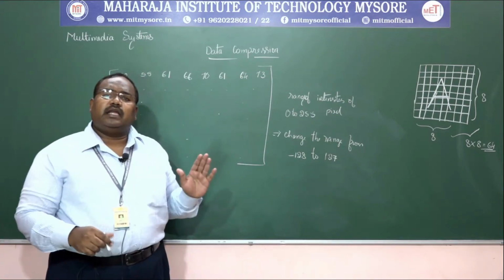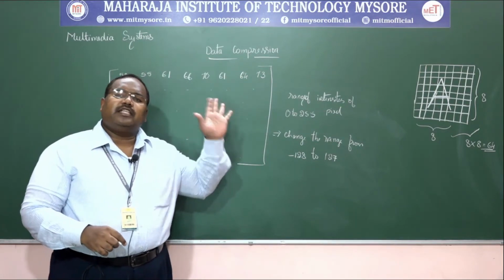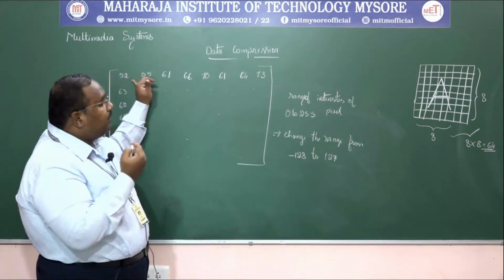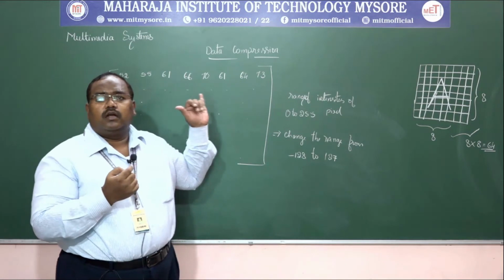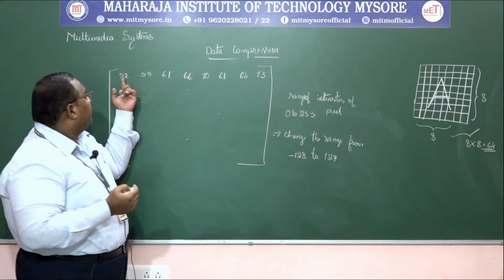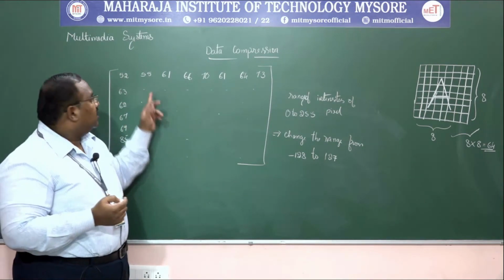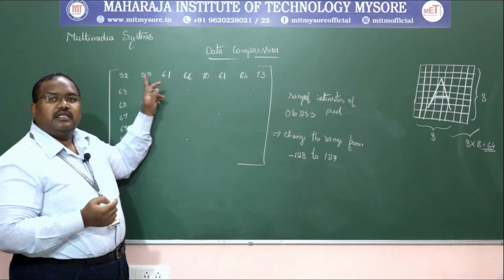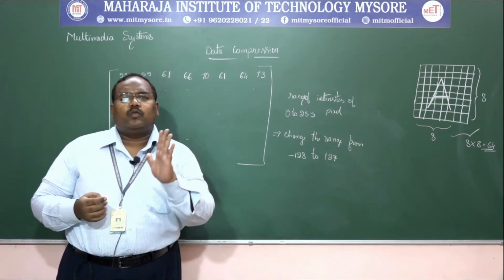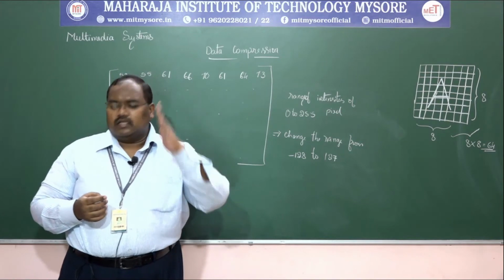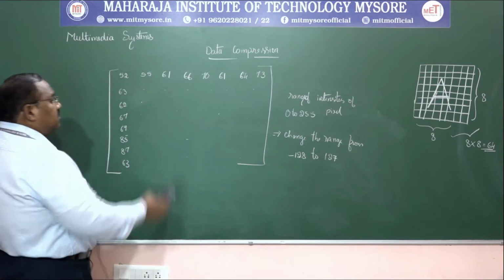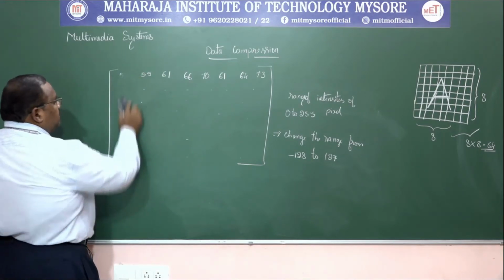We would be subtracting 128 from each pixel. Whatever the value is, we would be subtracting 128 from each value. Means 52 minus 128, 55 minus 128, 61 minus 128. Now what do we get? Most of the time we get negative values here. I'll demonstrate with the same values.